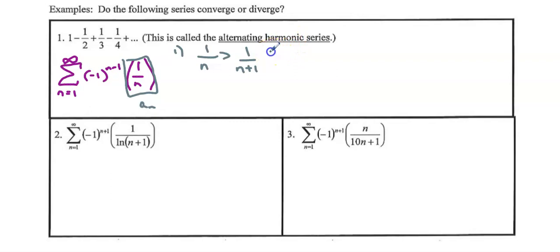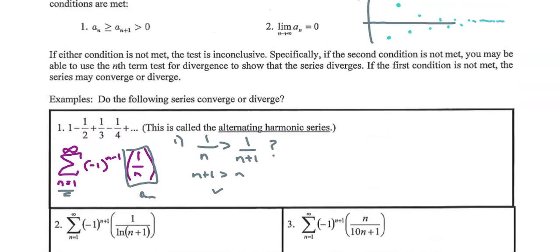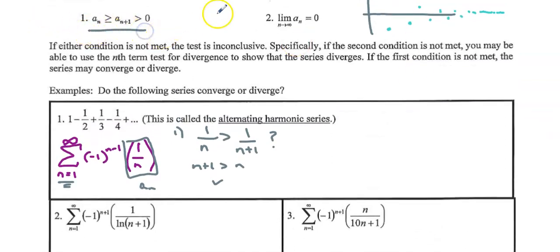So we want to know, is this a true statement for all terms? So no matter what it is. And this, you can see, is very easily solvable by just cross multiplying. And since n is always positive, then I know that this has to always be true, right? I know that n plus 1 must be greater than n. So I now know that the first condition that was written right here must be true.